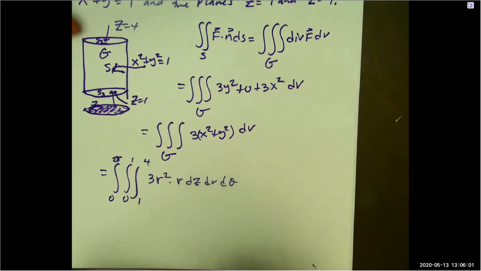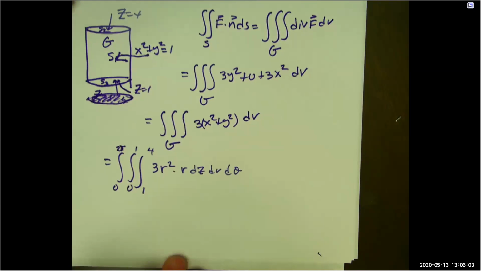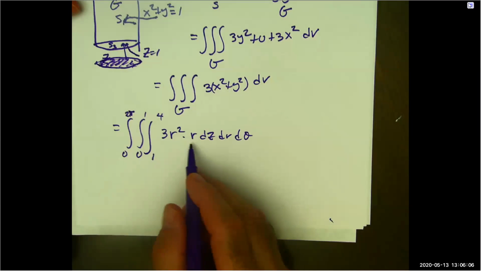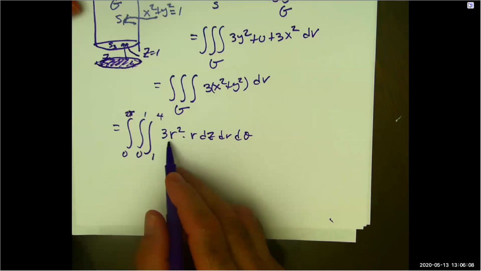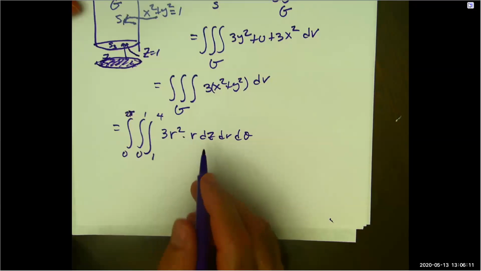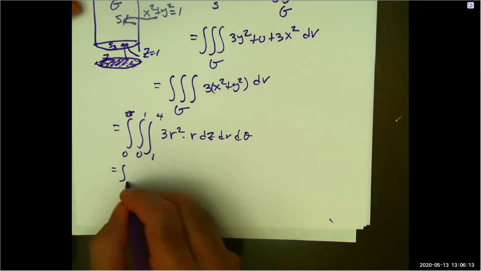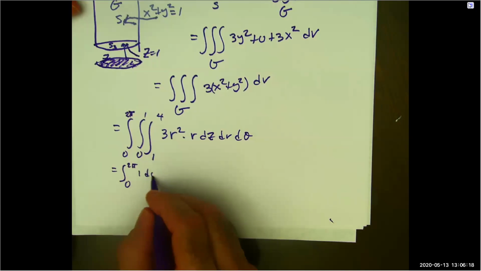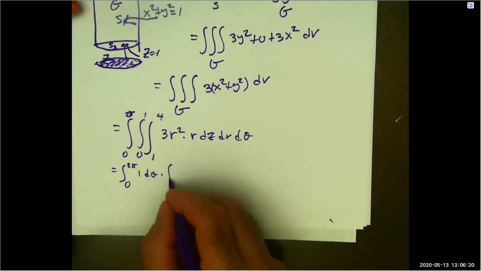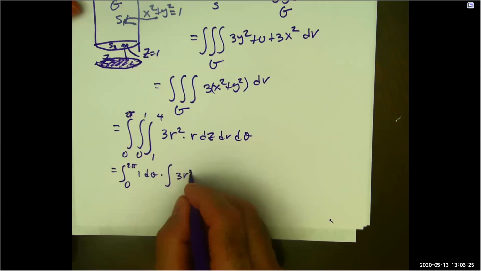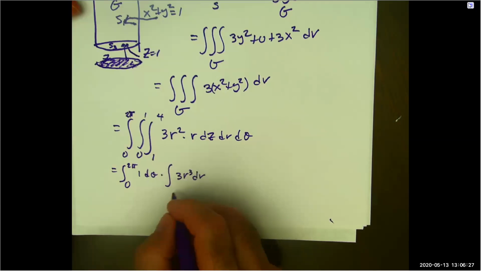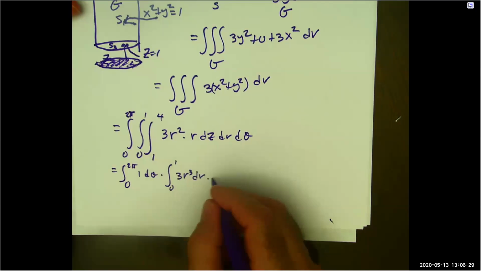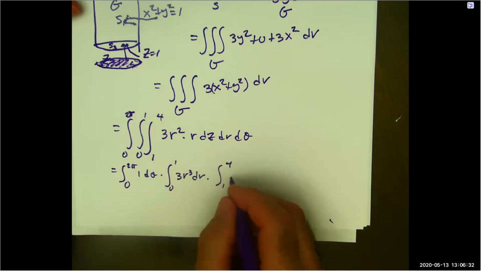And so we can easily split this up into a product of things. Here this is going to be 3r cubed. So we're going to have the integral from 0 to 2 pi of just 1 d theta, times the integral of 3r cubed from 0 to 1, and then times the integral from 1 to 4 of just 1 dz.